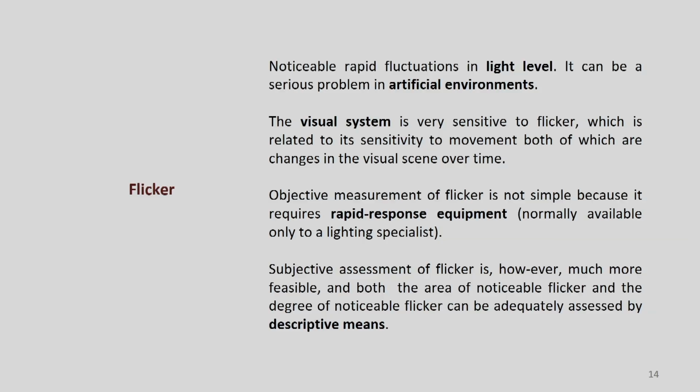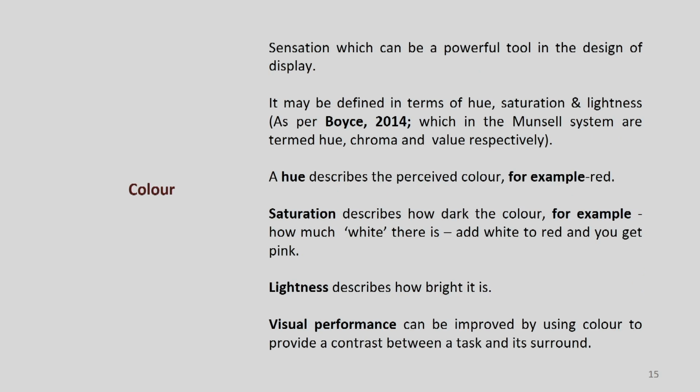These things are not very simple, and we have different types of instruments which use this particular feature of the lighting environment and try to measure other physiological variables of the human body to talk about fatigue, mental alertness and all those things. When we are talking about light, color comes automatically.